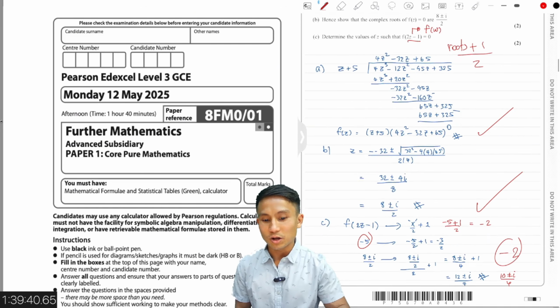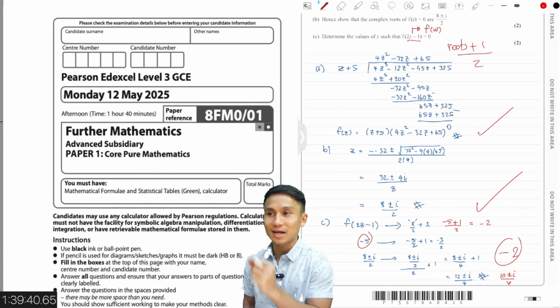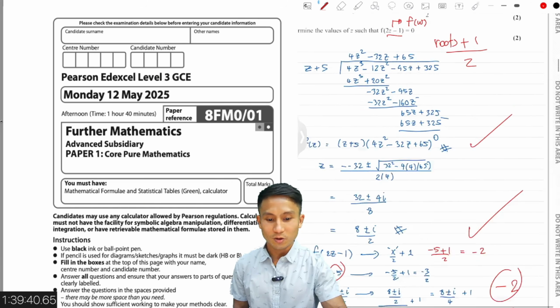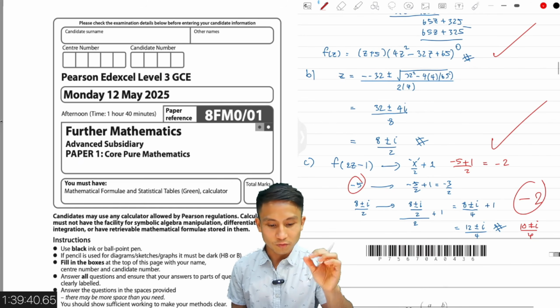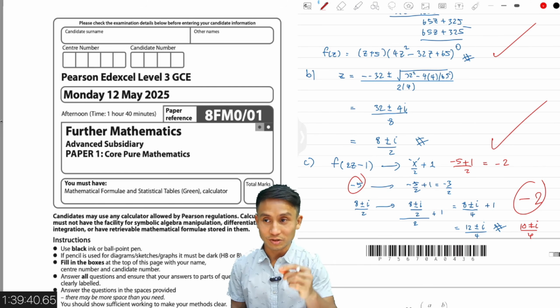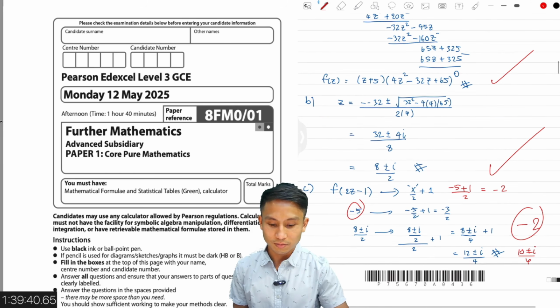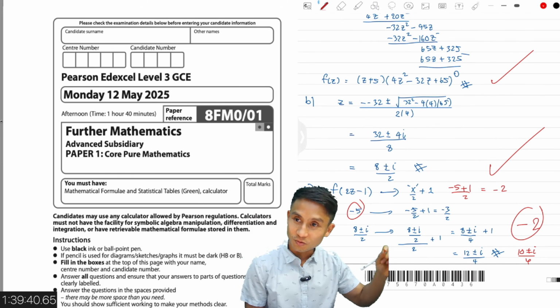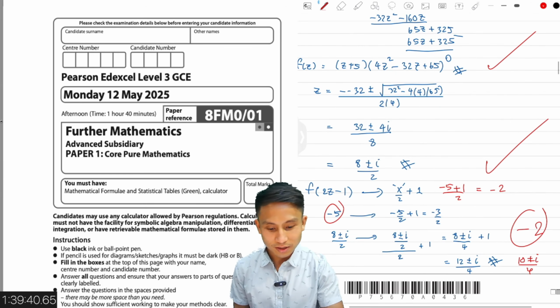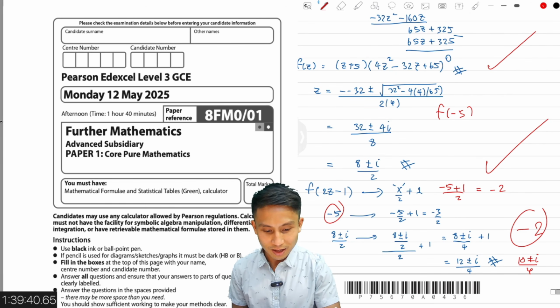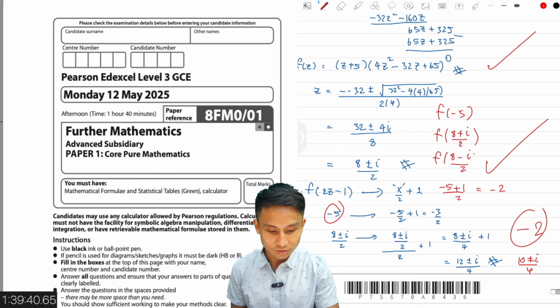But when we want to know what would be the z that gives the same root, so basically we are finding the previous or the original z that would give 0, right? Because these are the roots. So it was f of minus 5, and one of the complex roots would be 8 plus i over 2. And the other one is f of 8 minus i over 2.